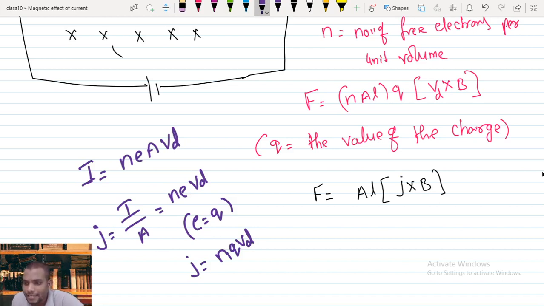How can I write that j? j is nothing but the current density, so j equals n Q Vd times A.